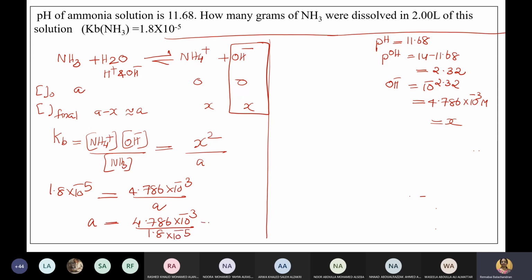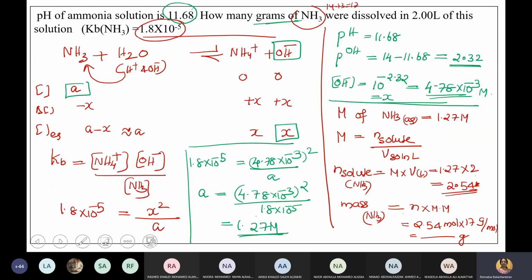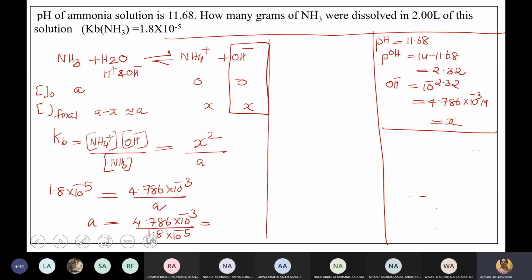Did you get the answer? That is 1.27 molar. So it's 1.27 molar. Correct?